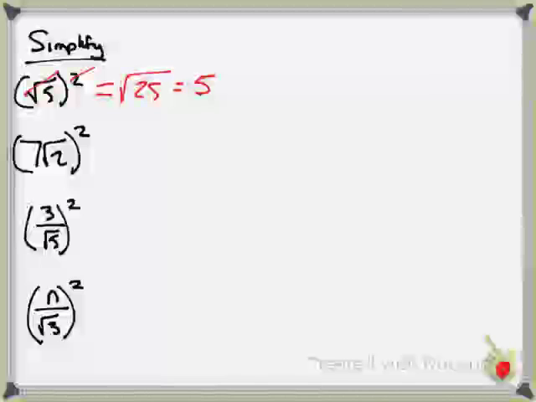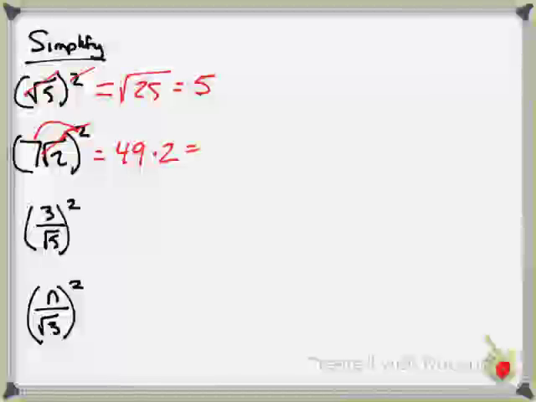When we square a number that has more than one part to it, we must square all of the parts. So I square 7 and I get 49, and I square the square root of 2 and I get 2. Okay? Squares will cancel square roots.